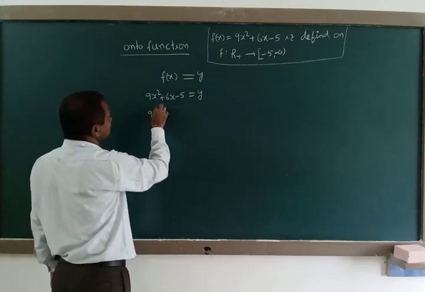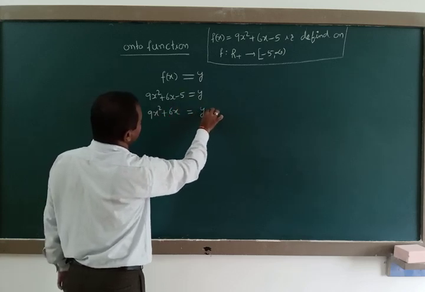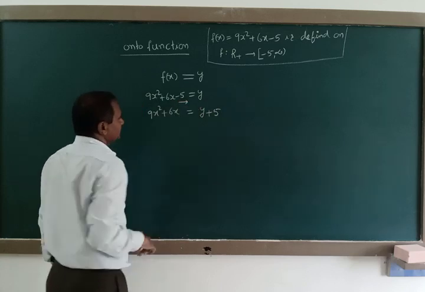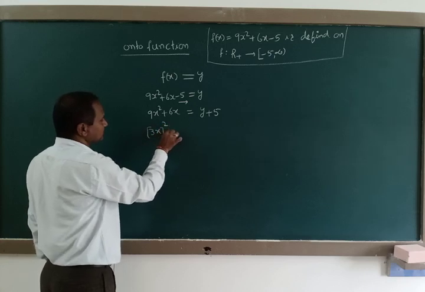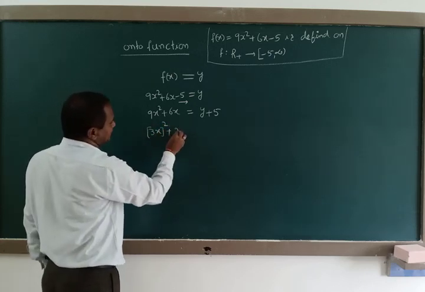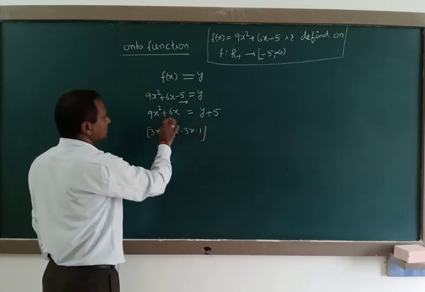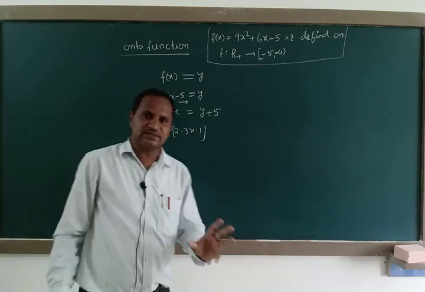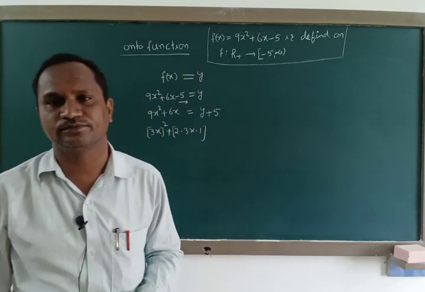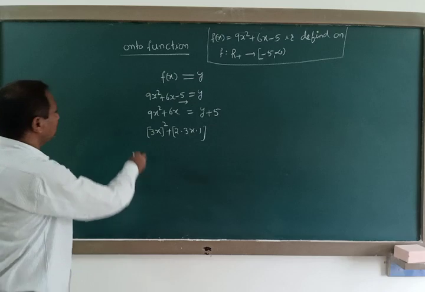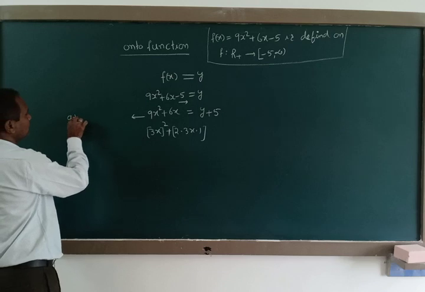9x square plus 6x is equal to, sending minus 5 to that side, it becomes plus 5. 9x square can be written as 3x whole square, plus 6x can be written as 2 into 3x into 1, because the left-hand side must be converted into the form of the a plus b whole square formula.